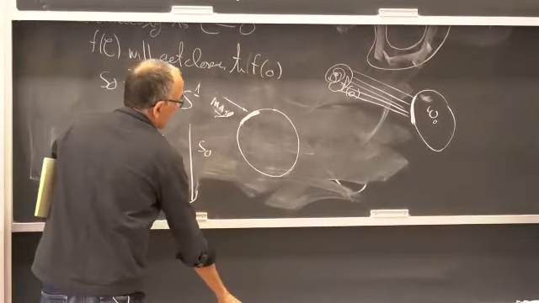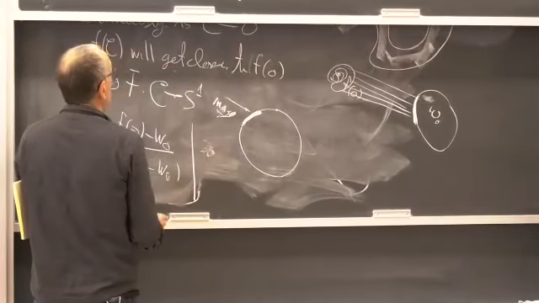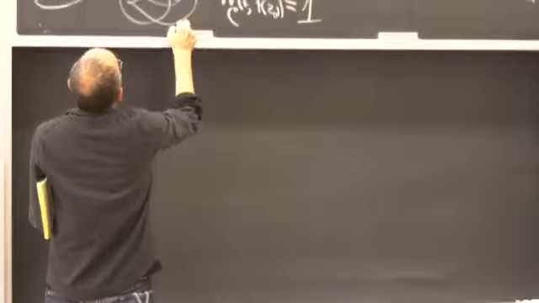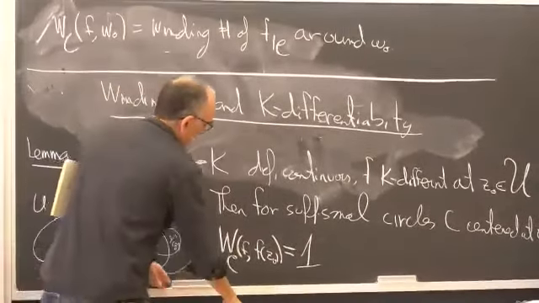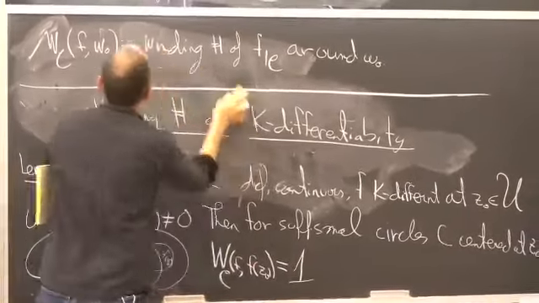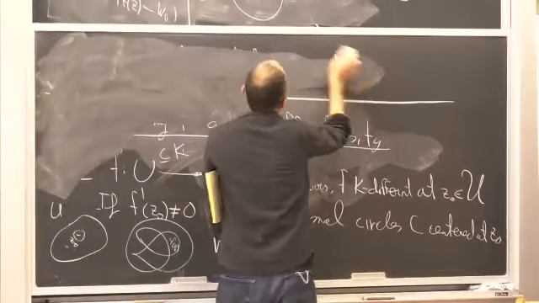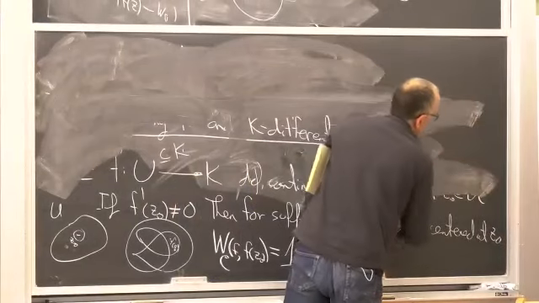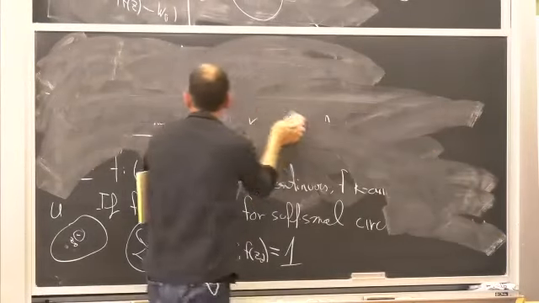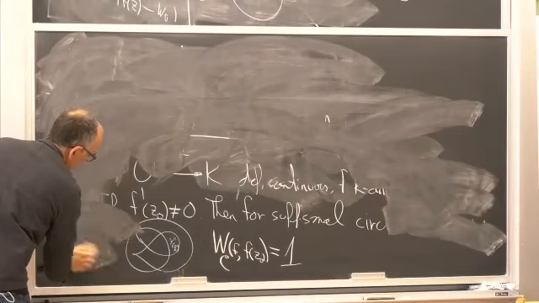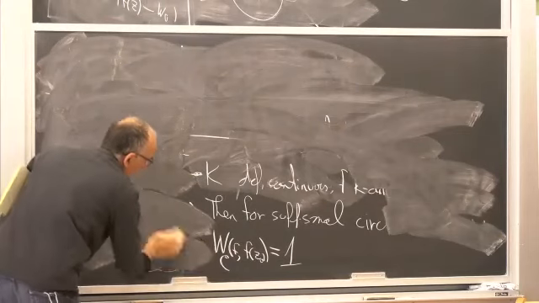So F bar is non-surjective, so its winding number around W0 is 0. And because we moved continuously, this can be translated to continuous homotopy if we want.